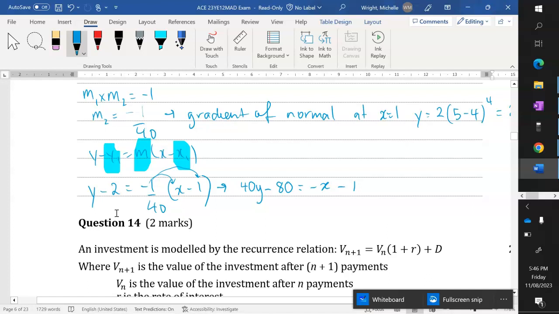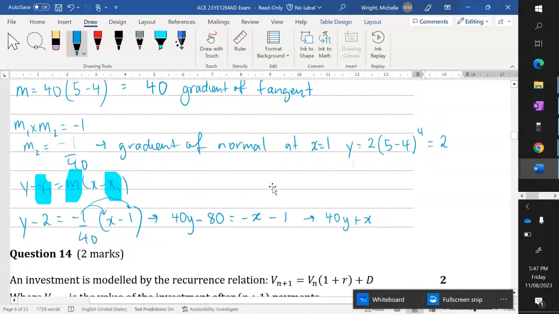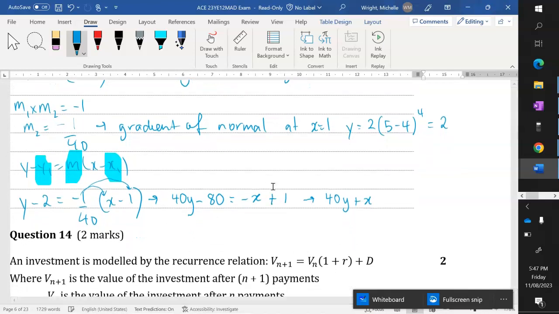So what you're going to end up with when you take that over into the general form is 40y plus x, and you'll have minus 80, and that will become, I've made a mistake there, haven't I? Plus 1 on that side. So when it goes to the other side, it's going to be minus 81, and that is equal to 0, and that is the answer.